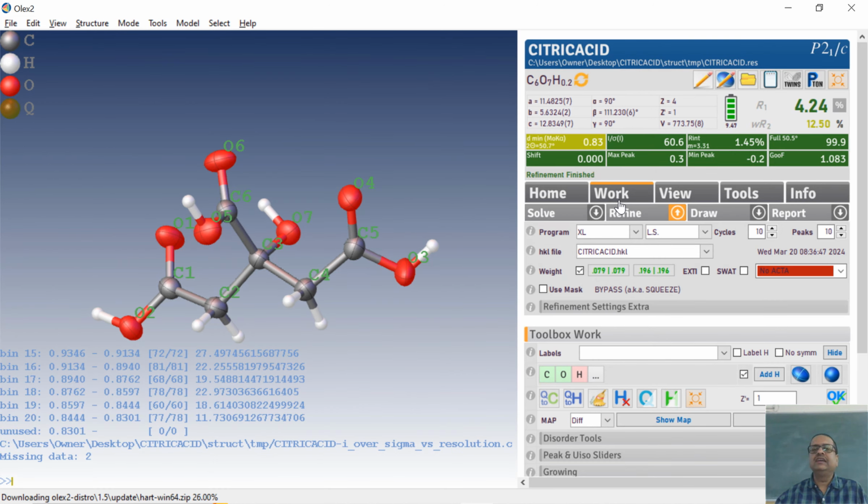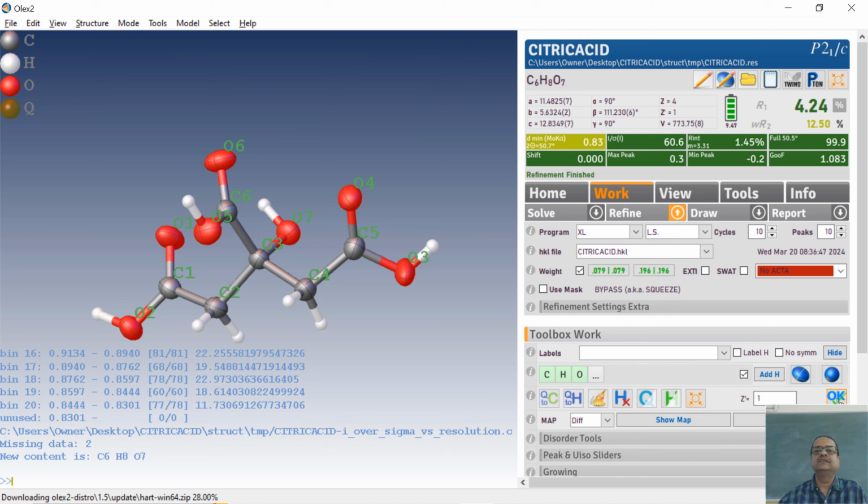So now once we have this, you see that the formula is incorrect. So again we need to click OK. Then it will read all the atoms, and here you click and make it ACTA.